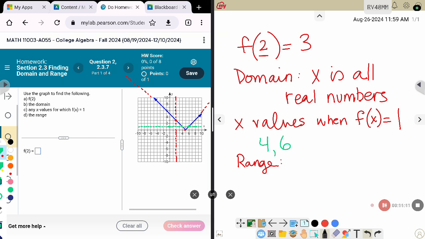It doesn't go below that point, which means your y values start there. They do go up forever from there, but that is their lowest point. So your range is going to be that y is greater than or equal to the y value at that point, and the y value at that point is 0.